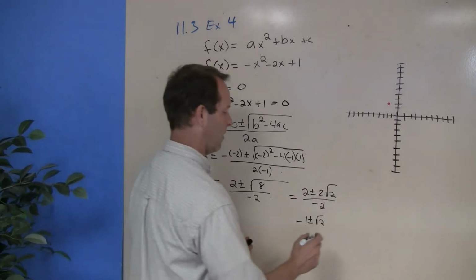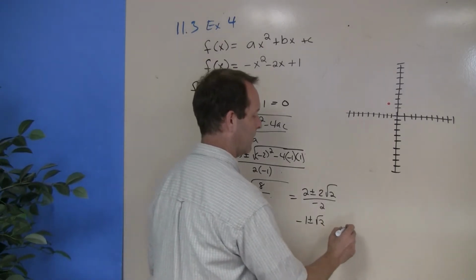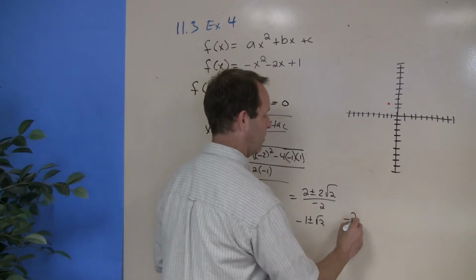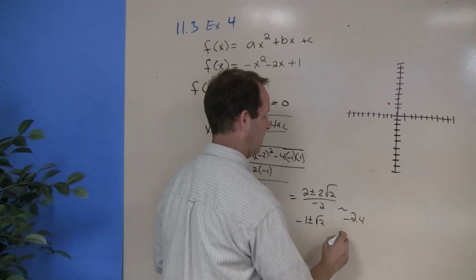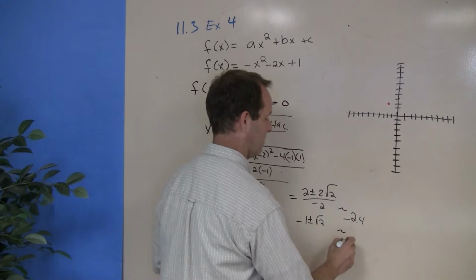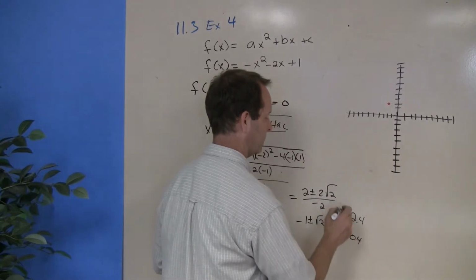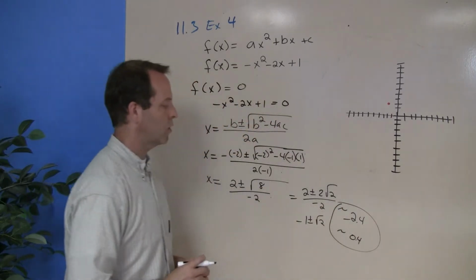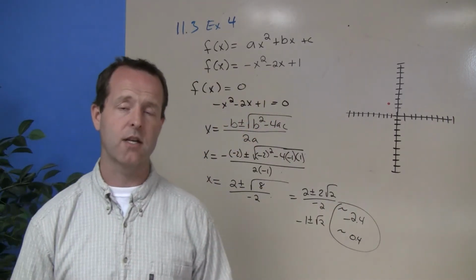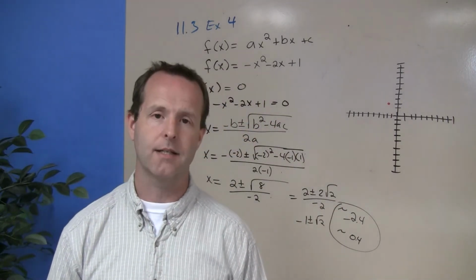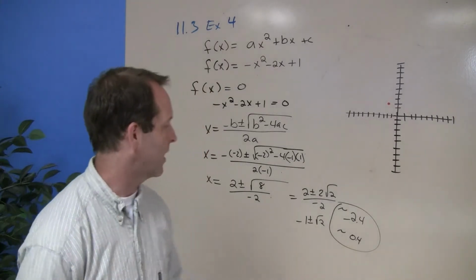And that gives me solutions of approximately negative 2.4 and approximately, let's put that at 0.4. So those are my two solutions for x. And you can use your calculator, your black box, to go ahead and get that type of approximation.